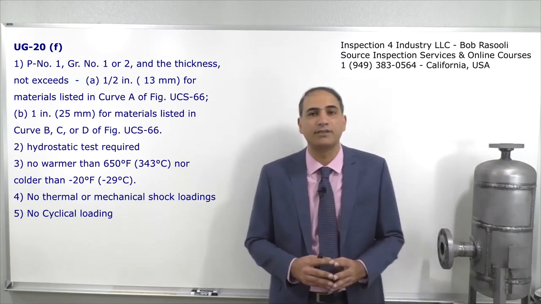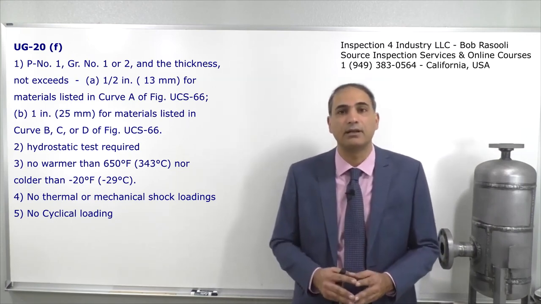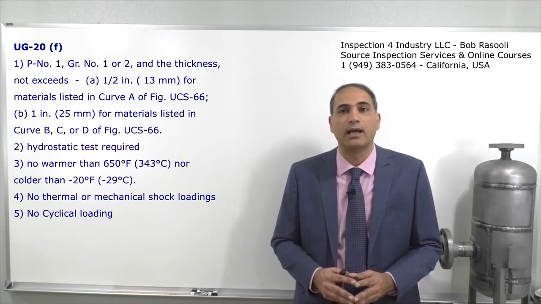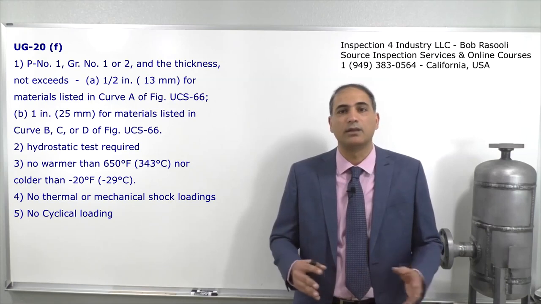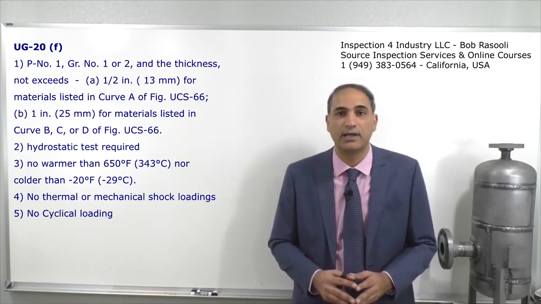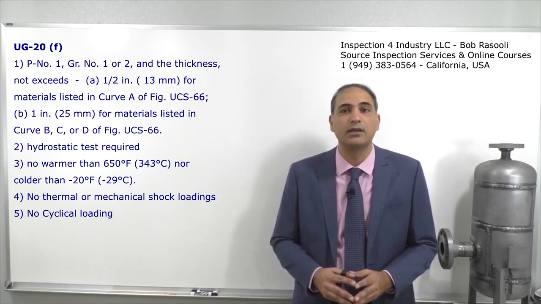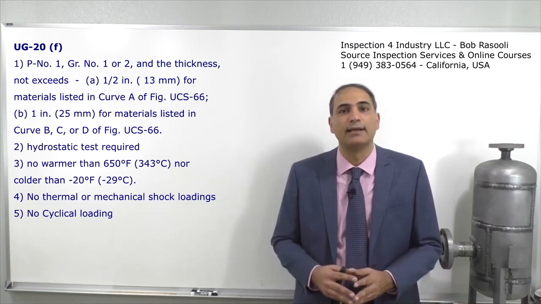You can see SA516 grade 70 is P number 1 and group number 2, and 60 and 61 are group number 1. So the grade 70 is listed under curve D.